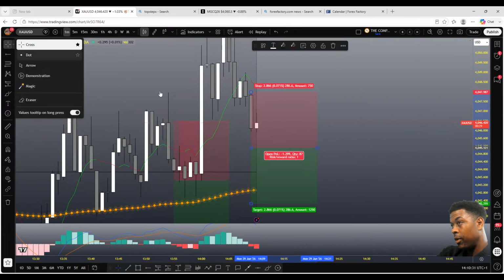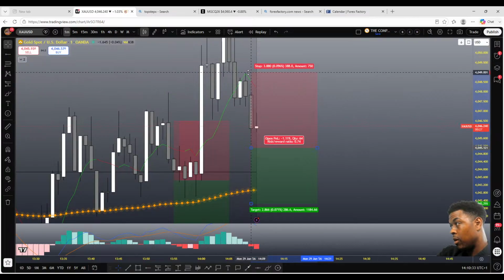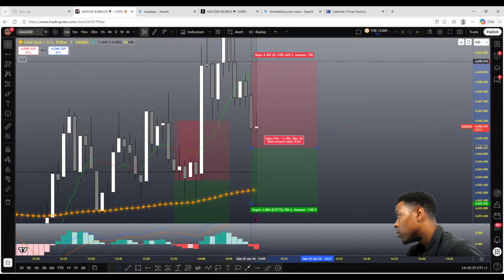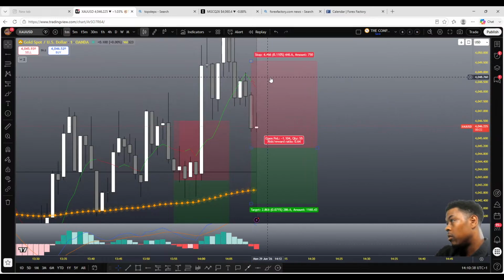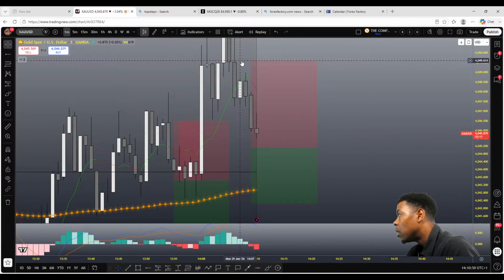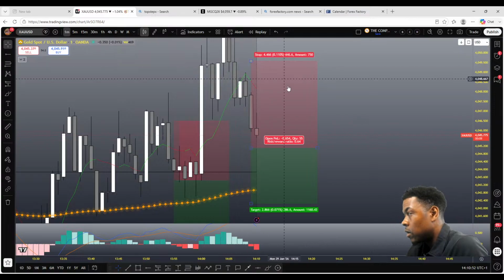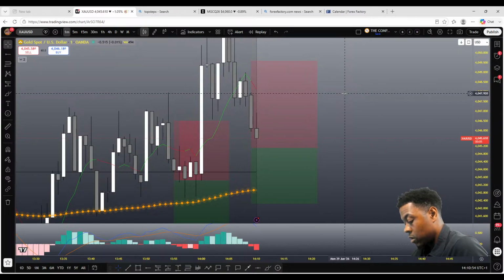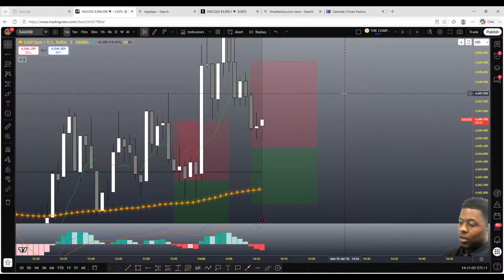Alright, stop loss should be okay on this. Alright, cool. Looking at a 44 pip stop loss. It just needs to stay bearish, then we're good. It's not. Alright, can't activate that trade.